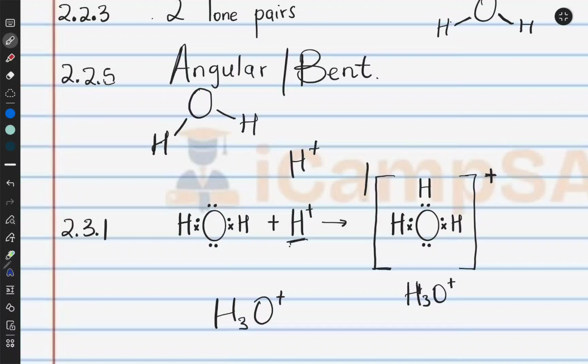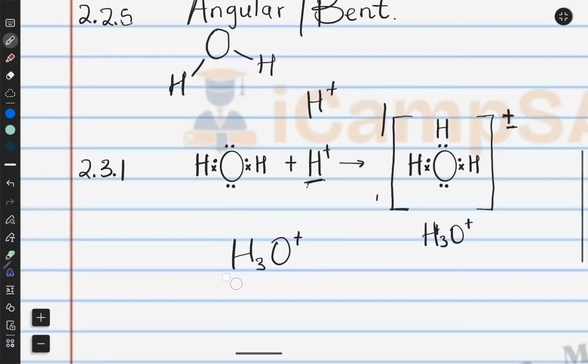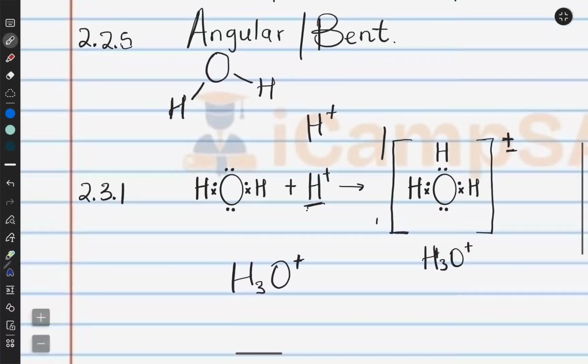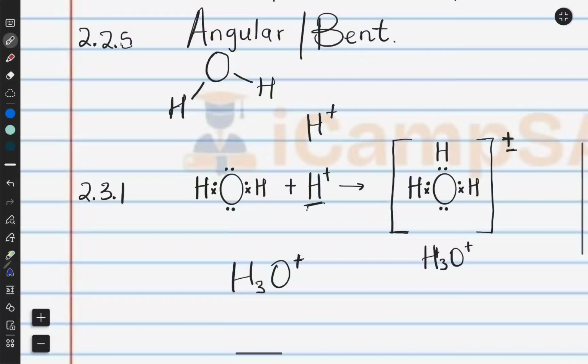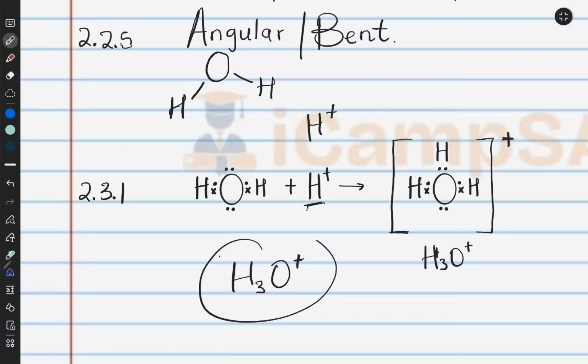So basically these brackets and that plus are representing this, because if we were writing it only in chemical formula, we would just write H3O plus like this. But in a Lewis dot diagram, we put those brackets and write the plus outside the brackets. It's the same representation.